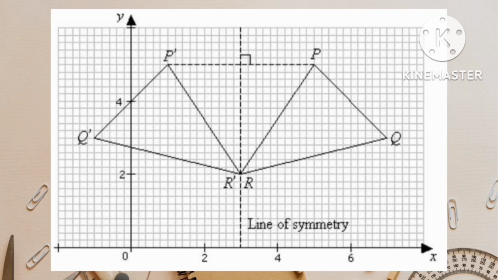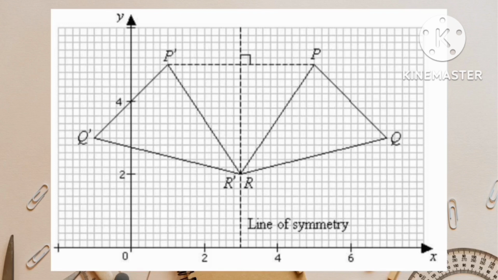For example, in this chart, a reflection is defined by the axis of symmetry or mirror line. In the above diagram, the mirror line is x equals 3. In a reflection, the shape and size of an image is exactly the same as the original figure. This type of transformation is called an isometric transformation.